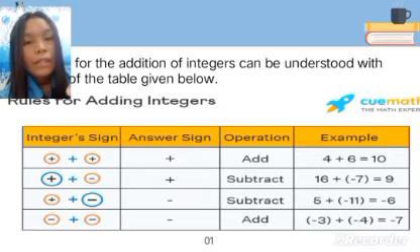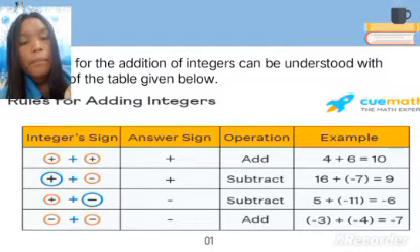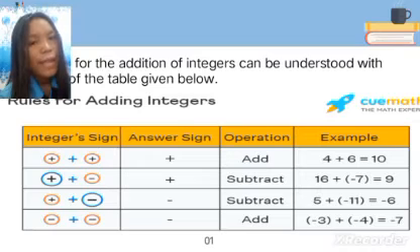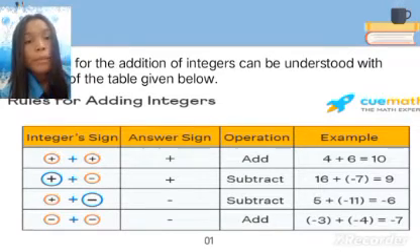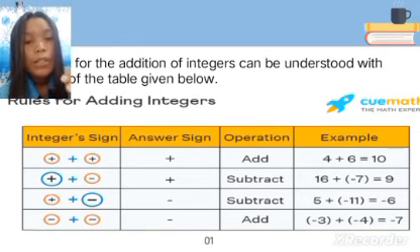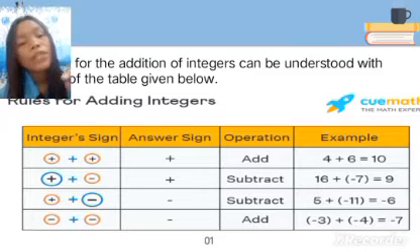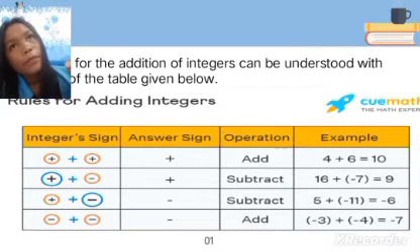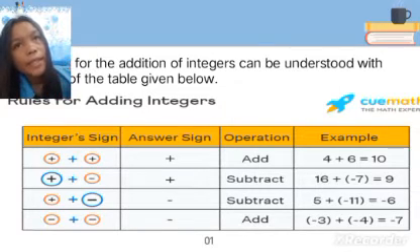So next, integer sign is negative plus negative. So what is the answer sign? It could be negative. The operation of that, because negative plus negative, is addition, or positive. For example, negative 3 plus negative 3.